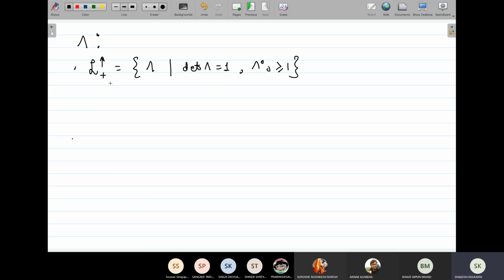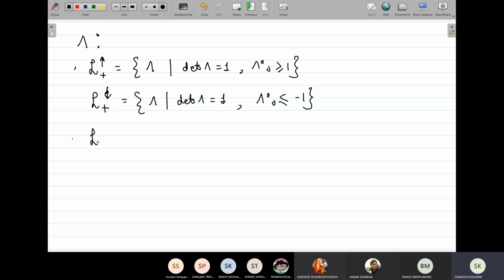This is one set. Then I will have a set of Lorentz transformations whose determinant is 1 but whose lambda 0 0 component is less than or equal to -1.